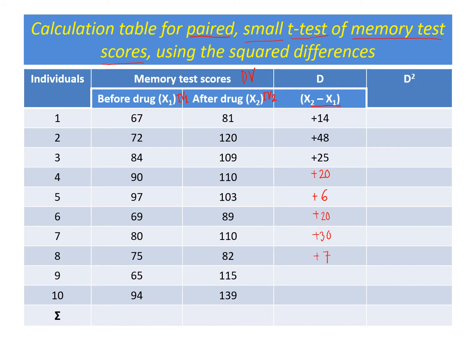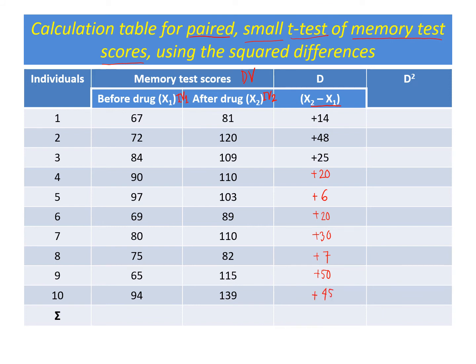Then 115 minus 65, and it will be 50. All the time I am saying which number I am subtracting from which, so that you do not forget x2 minus x1. 139 minus 94 comes to plus 45.